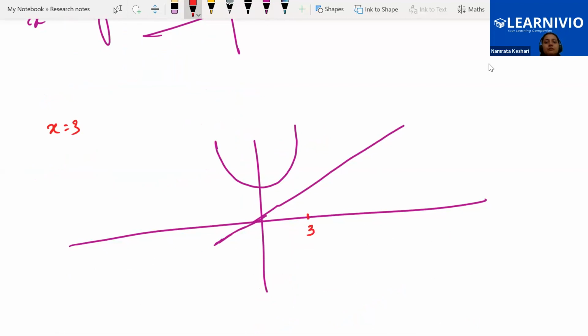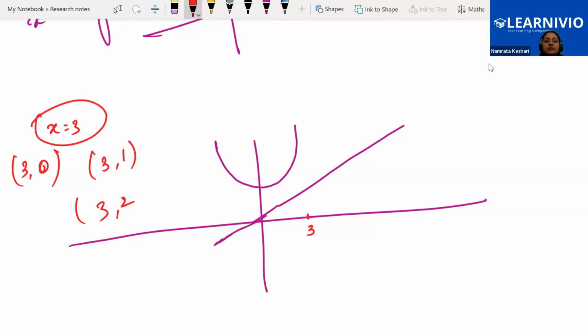Horizontal. No, it will be a vertical line. Whatever is y, x is 3. Y is 0 but x is 3. Y is 1 but x is 3. Y is 2 but x is 3.